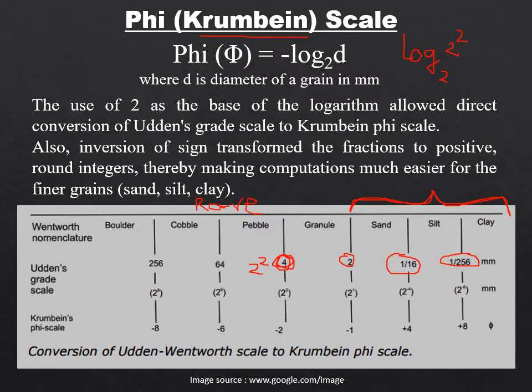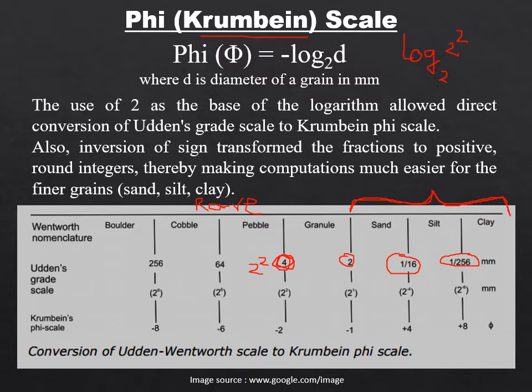But in the Krumbein scale, the use of 2 as the base of the logarithm allows direct conversion of the Udden-Wentworth grade scale to the Krumbein phi scale. Because of this base 2, we can directly convert the Udden-Wentworth grade scale into the phi scale.